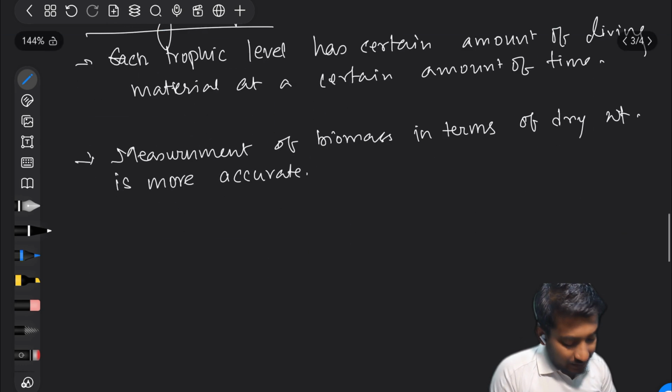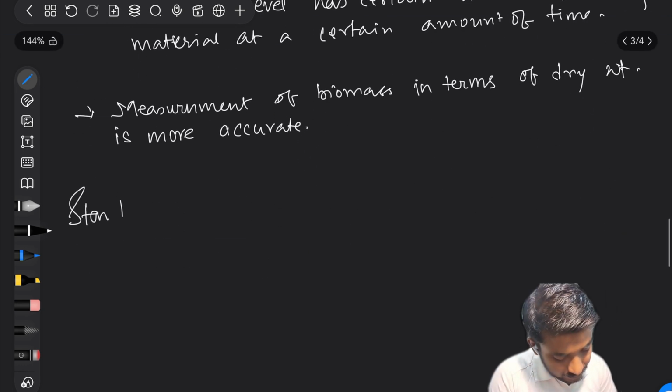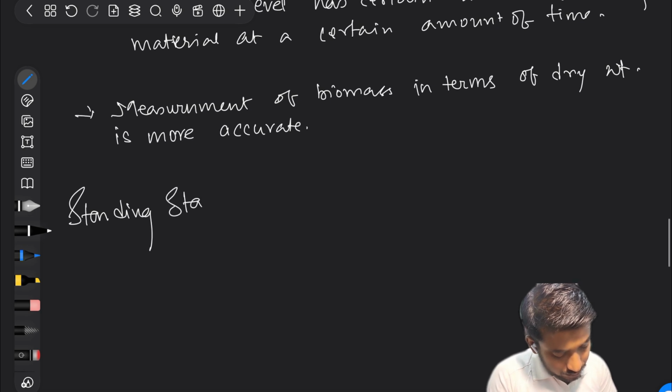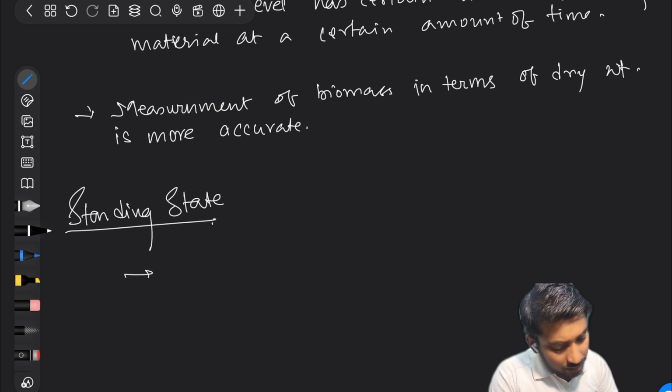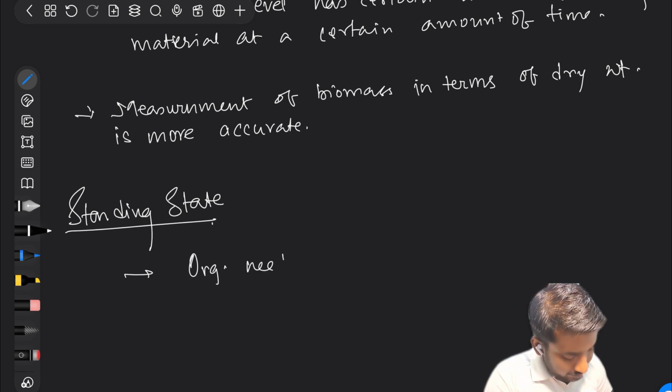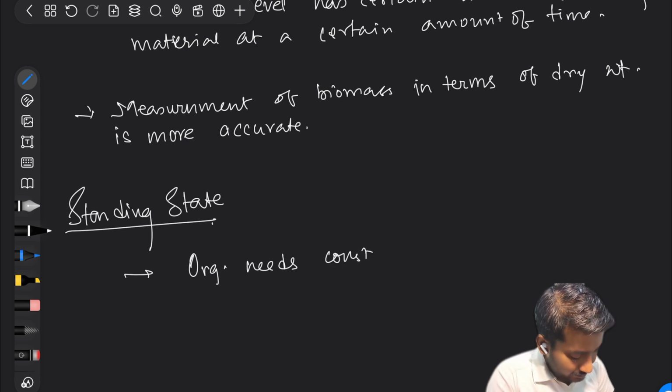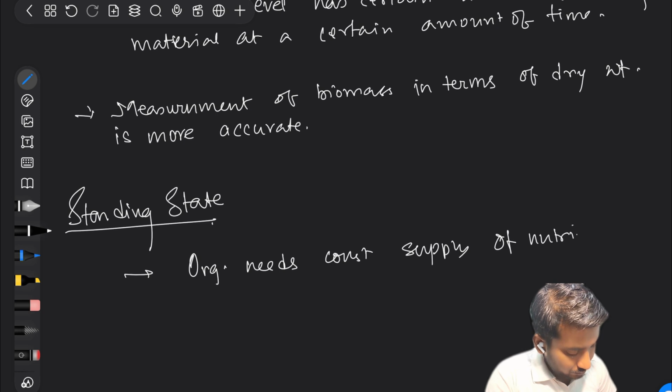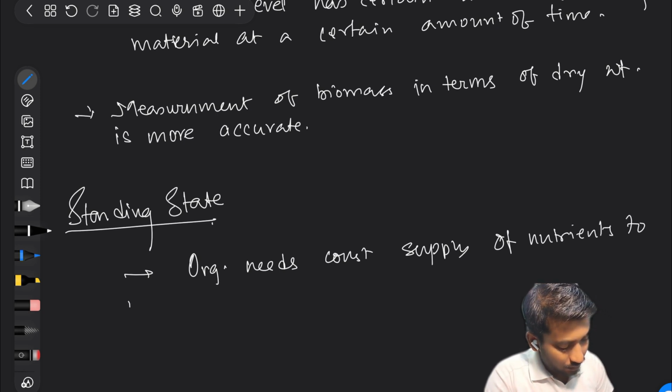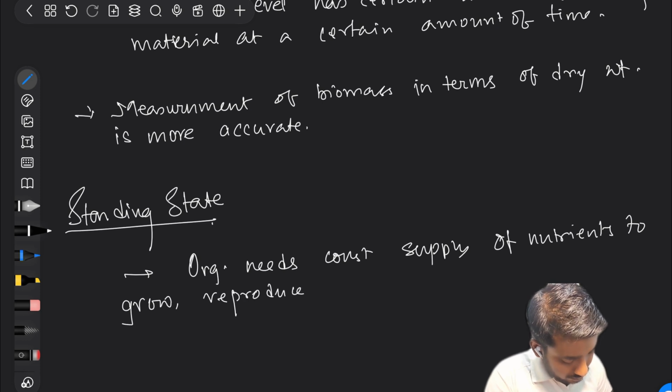Now, what is the standing state? A standing state is the amount of nutrients the organism needs. Organisms need a constant supply of nutrients to grow, reproduce, and regulate various body functions.